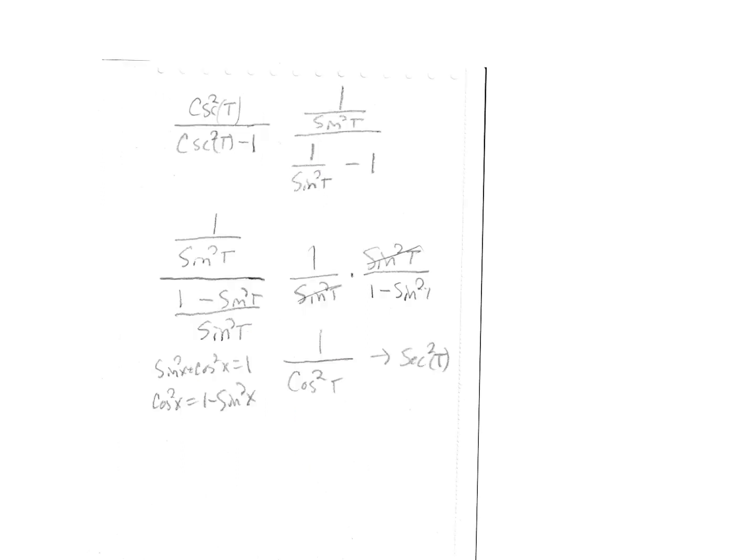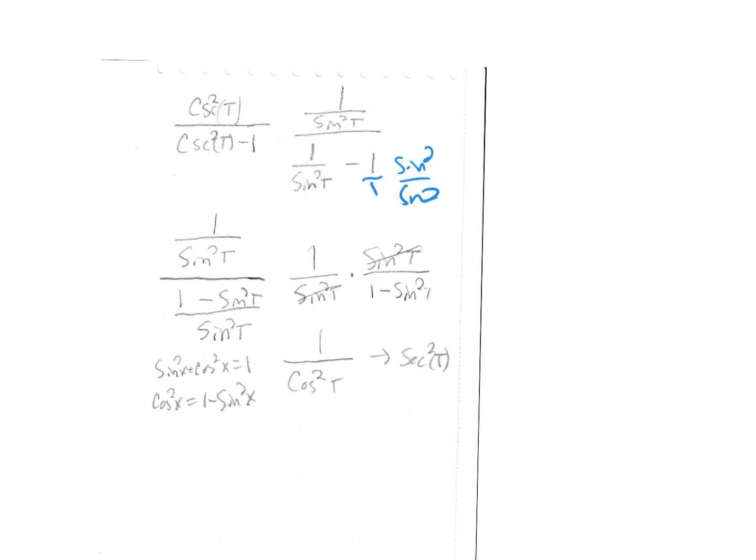So let's look at it going straight to switching to sine and cosine. Here was the original problem, and I wrote cosecant squared as 1 over sine squared, and wrote this as 1 over sine squared minus 1. Now, it'd be really nice if this were one fraction, so I'm asking myself, what's the common denominator between 1 and sine squared? I have to multiply this by sine squared over sine squared.